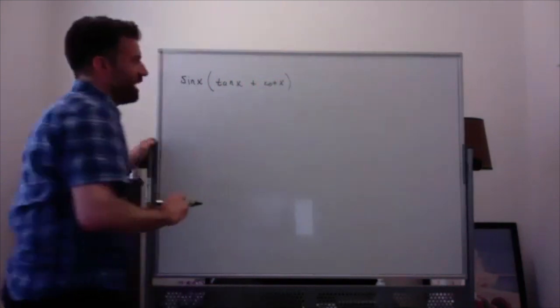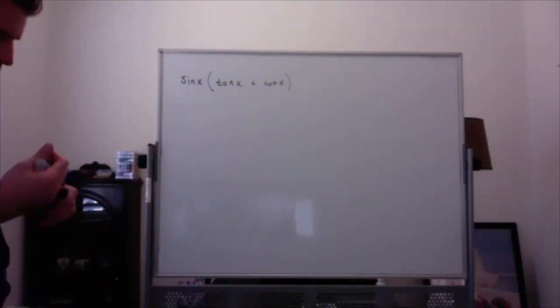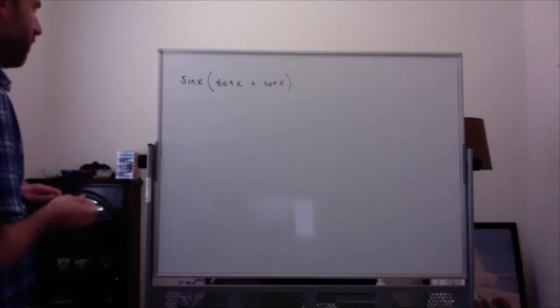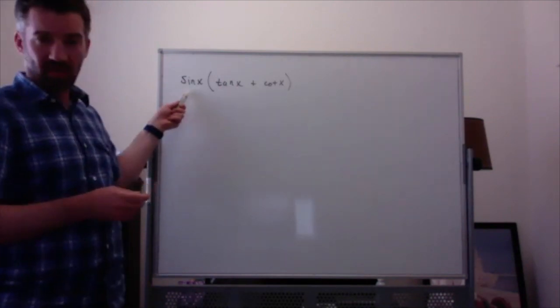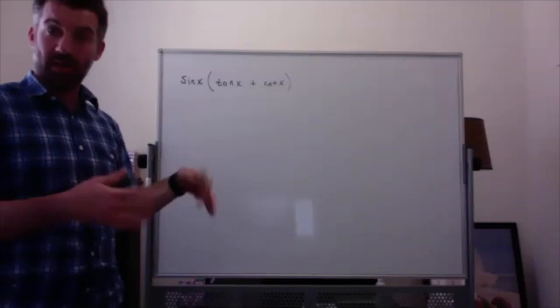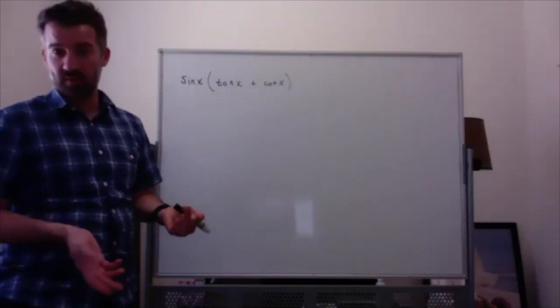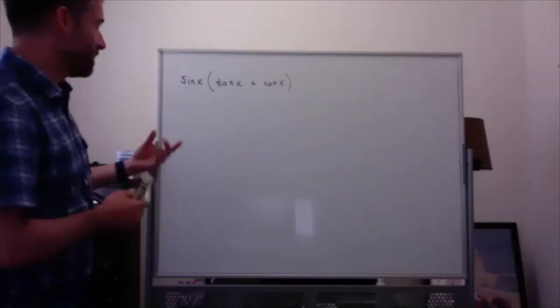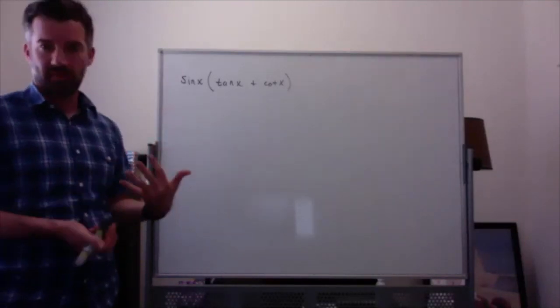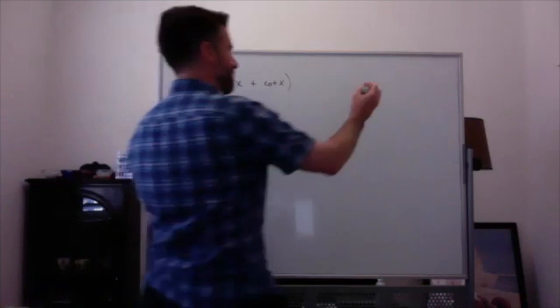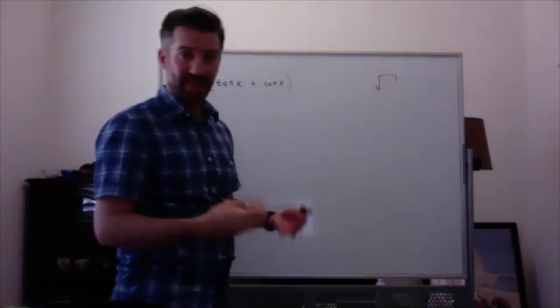I do want to emphasize, I didn't see too much of this on the homework, but I did see a few times where people wrote sine without an angle, or tangent or cotangent without an angle, or some variable for the angle. Whenever you're writing a trig function, whichever one it is, there always needs to be something inside the trig function, right? Just like it wouldn't make sense to write a square root without anything in it.